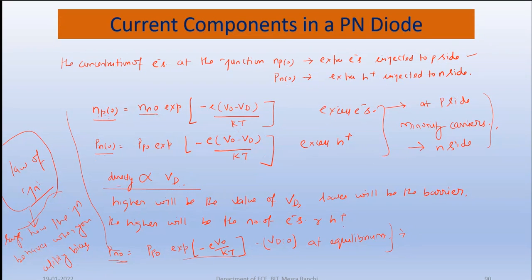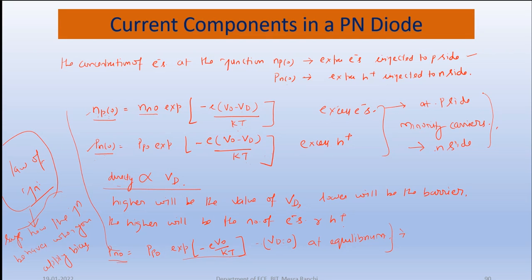Similarly, for the excess holes injected to the n side, we can write pn naught equal to pp naught, the majority concentration of holes at the p side, exponential of minus e(V0 minus VD) by kT. So these are excess electrons at the p side, and these are excess holes at the n side.